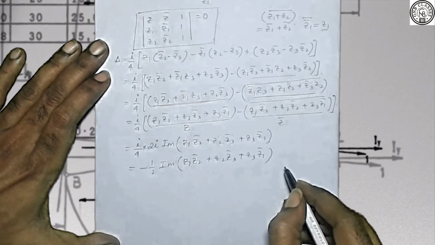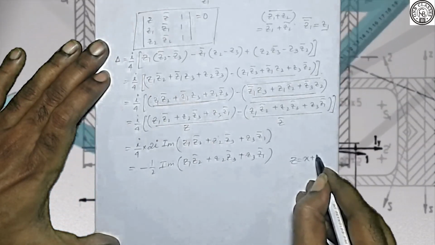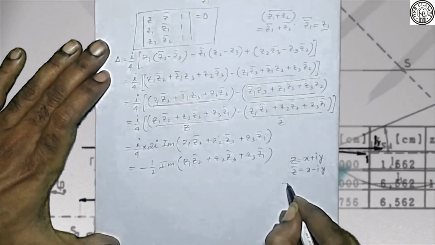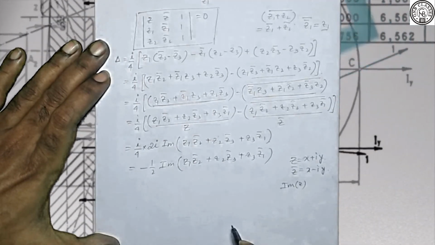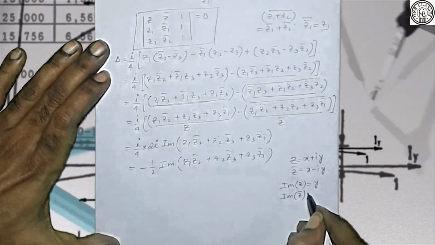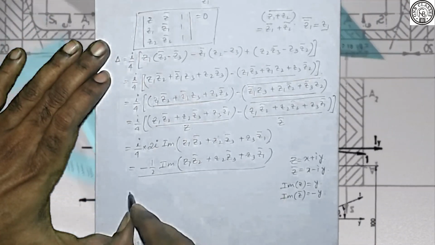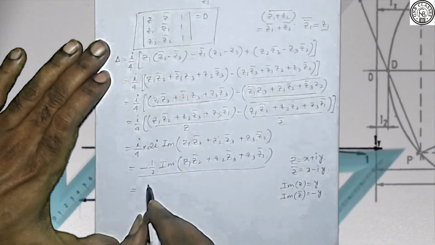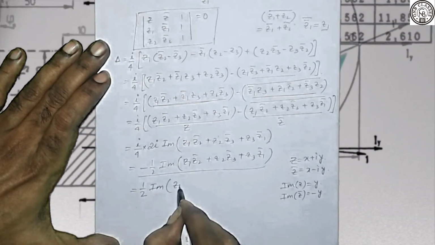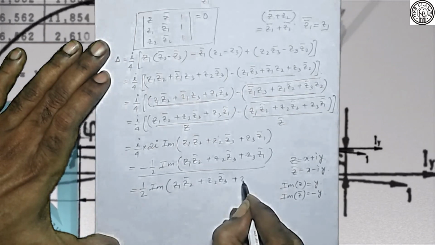See one thing. Suppose Z is X plus iota Y. So Z bar will be X minus iota Y. So the imaginary part of Z is basically Y and the imaginary part of Z bar is basically minus Y. Yes or no? So can we write this thing in this way? It is simply half the imaginary part of Z1 Z2 bar plus Z2 Z3 bar plus Z3 Z1 bar, the whole thing with a complete bar.